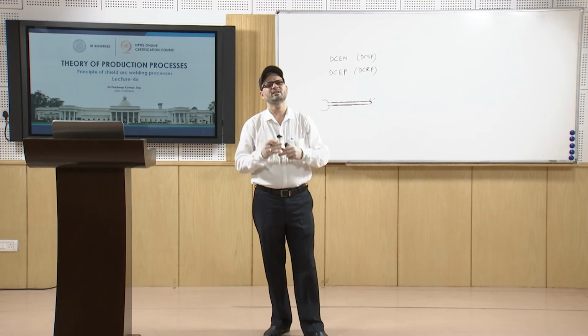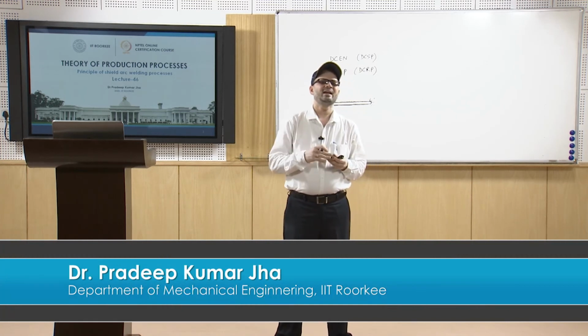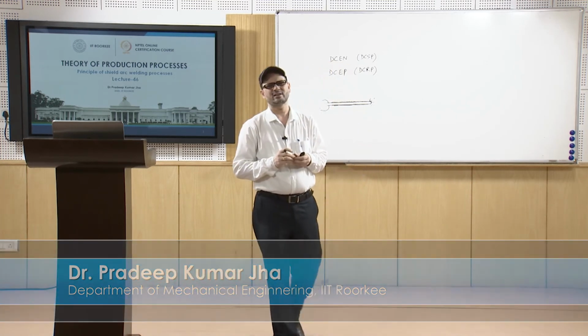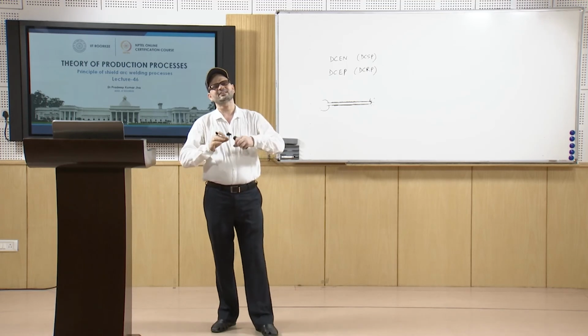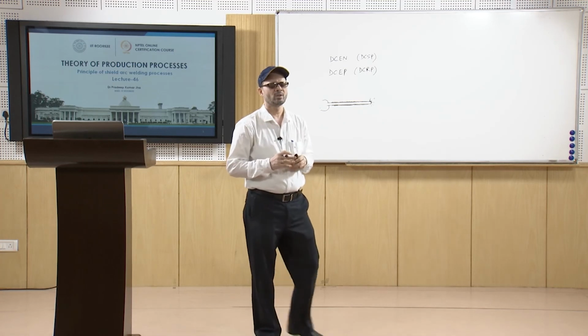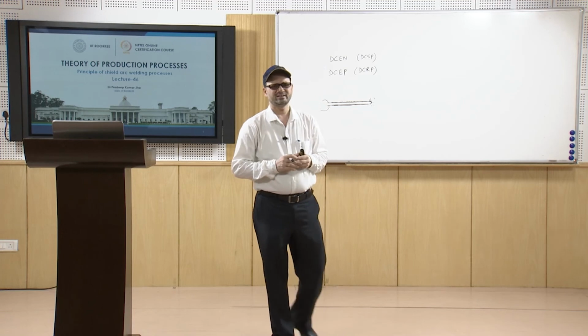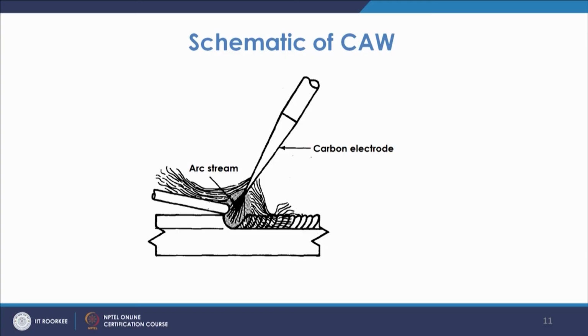It has many advantages and applications, but this process has mostly been replaced with other welding processes like TIG or SAW. Carbon is normally used as a source of heat, because either carbon or graphite is used as the electrode material. This is the schematic of carbon arc welding, where you have a carbon electrode, the arc stream is generated, and the weld bead appears like this. So, this is one of the varieties of arc welding.